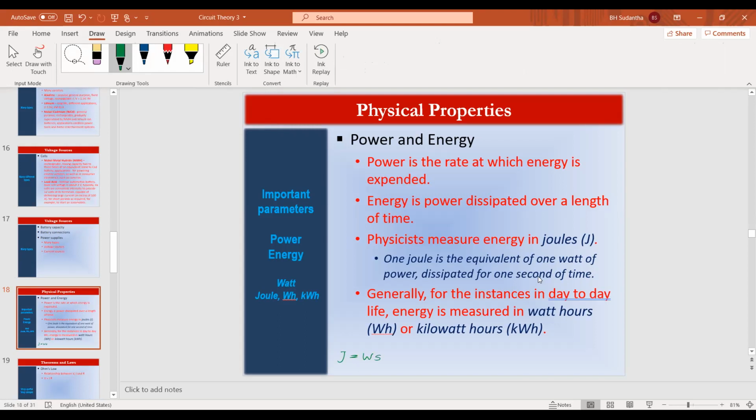Because of this, we are converting this watts into kilowatt hours. First, can we convert these seconds into watt hours. This is joules, and this one is watt hours.